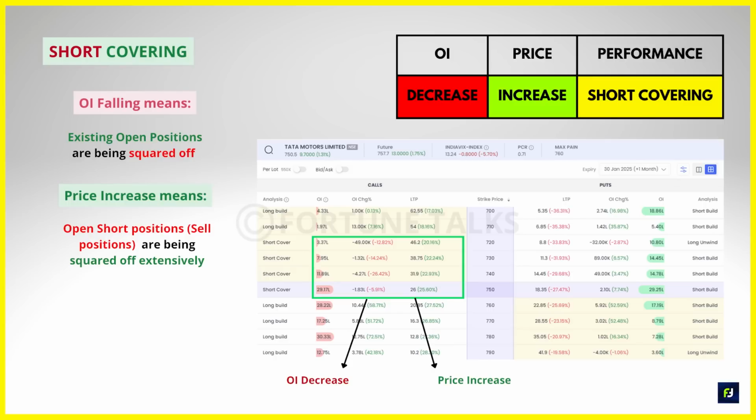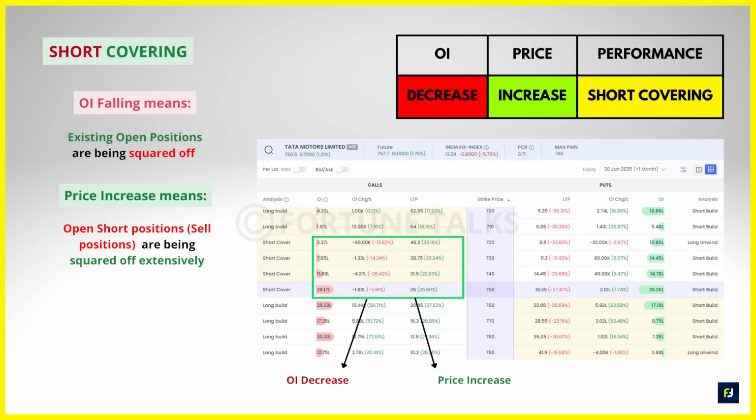Now, how are short positions squared off in the market? It is simple. You square off a short position by buying back. This explains the reason why prices are rising. So, prices are not rising because of a long buildup or because of new long positions being created. Instead, it is rising because short positions are being squared off.